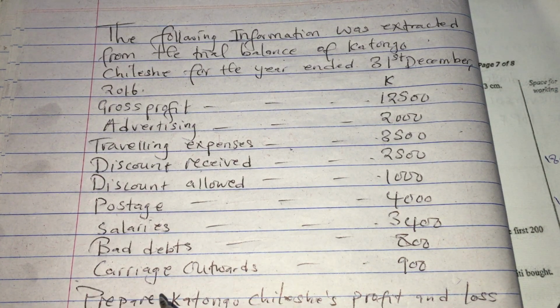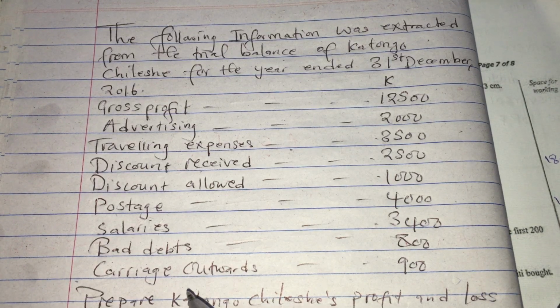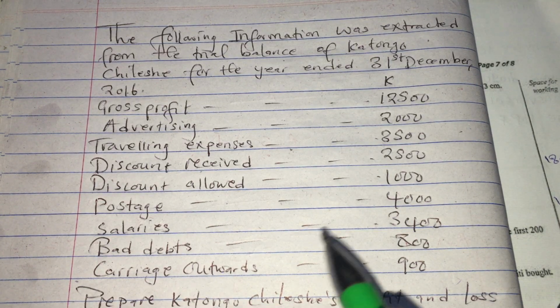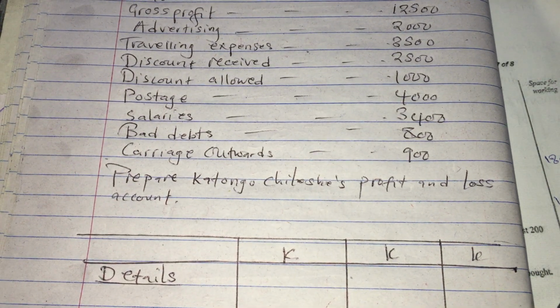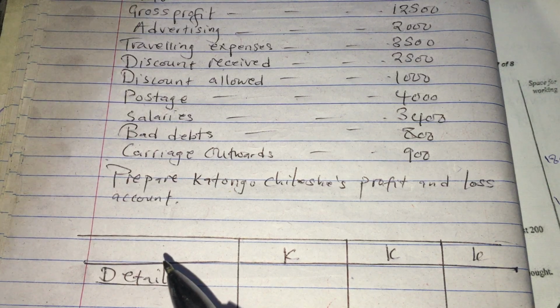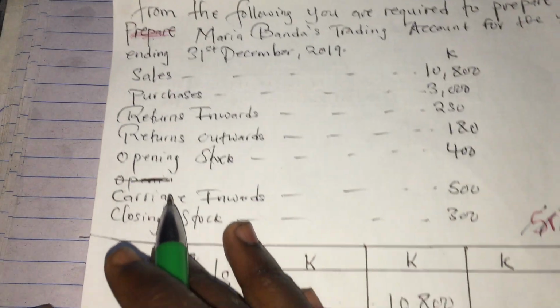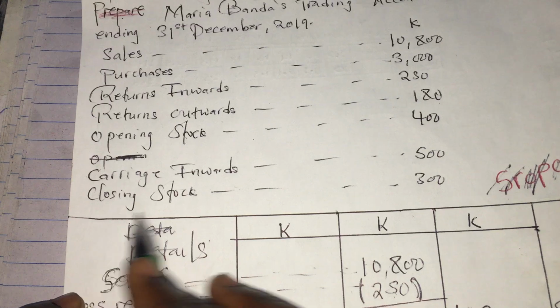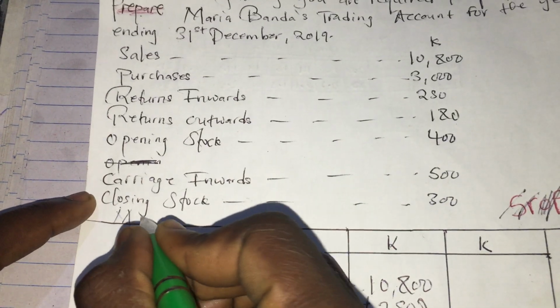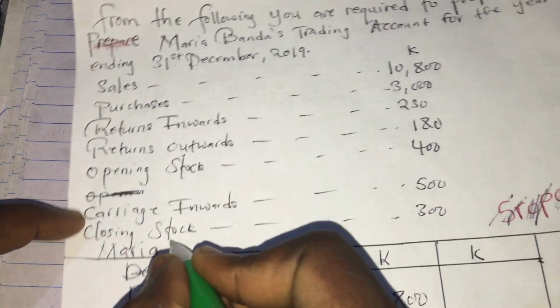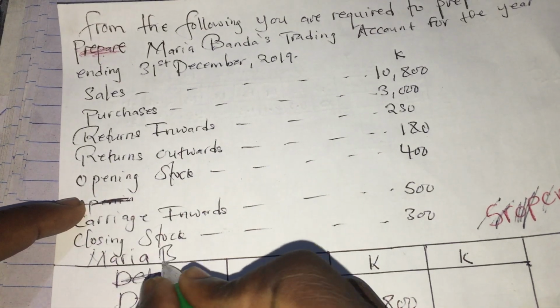So now how are we going to prepare this type of account? All right, so now we do have a table which is down. Make sure that before you do anything, actually here we have forgotten something. Don't you forget the title. So you must write the title.